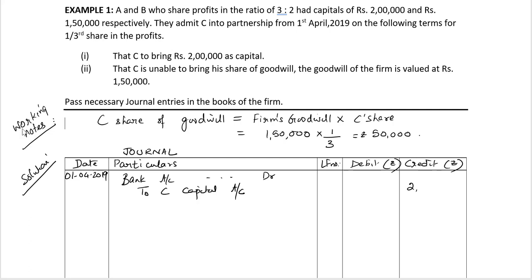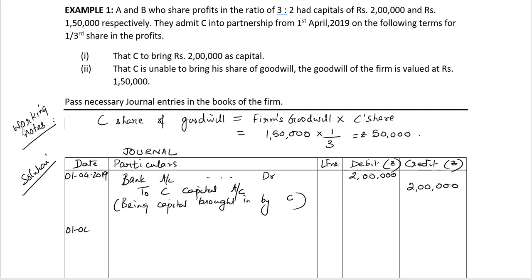Capital brought in by C is rupees 2 lakh, and cash received by the firm is also rupees 2 lakh. Narration: being capital brought in by partner C.